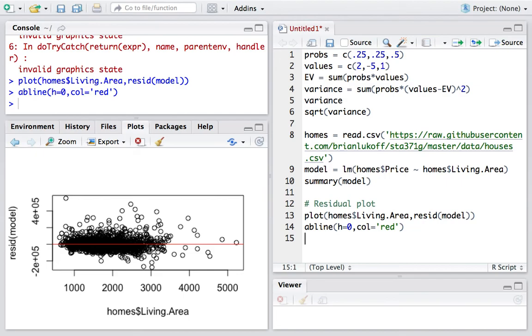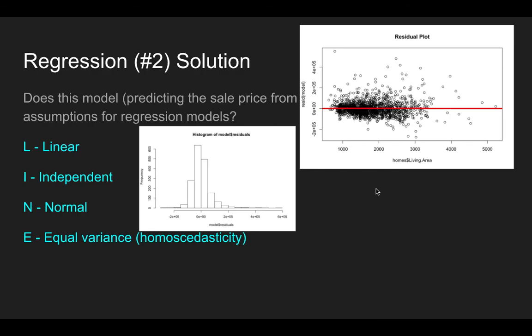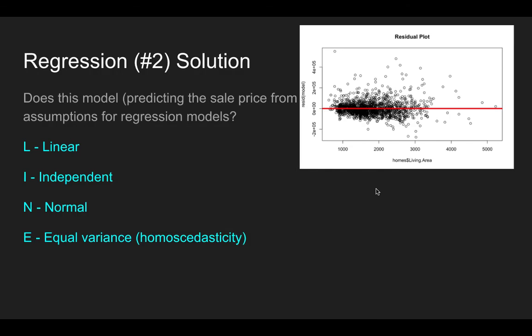So we've checked linearity. We've checked equal variance. Next we check independence and normality. How do we check independence? Kind of a trick question. You can't. That has to be something you know about the data collection. Were these randomly selected homes?